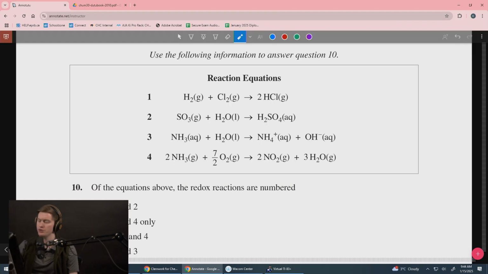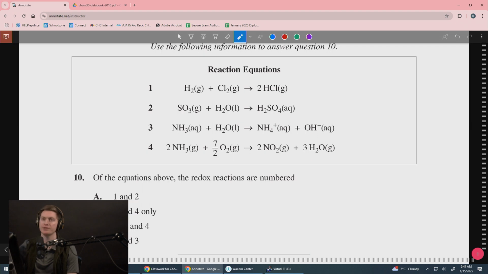The next question is also an oxidation number question, or that's how I'm going to approach it. We have this box that has 4 different reaction equations, and then we are asked, of the equations above, the redox reactions are which ones?